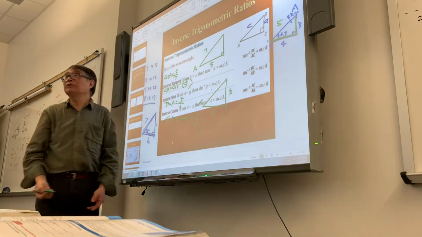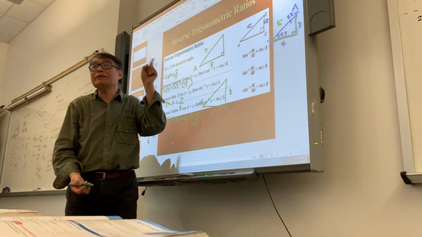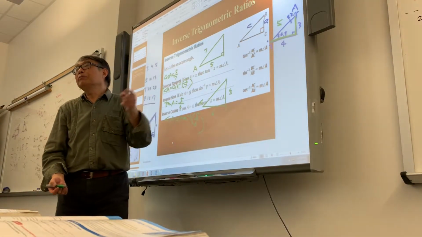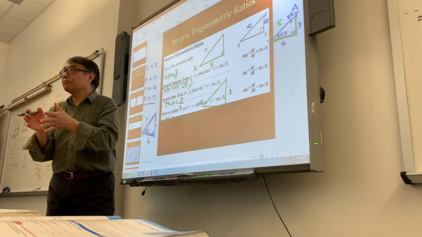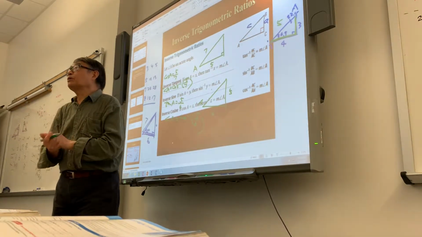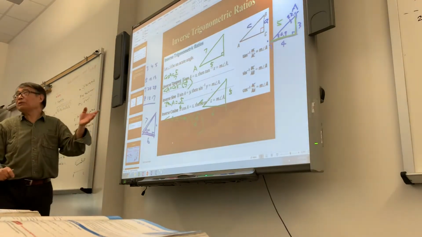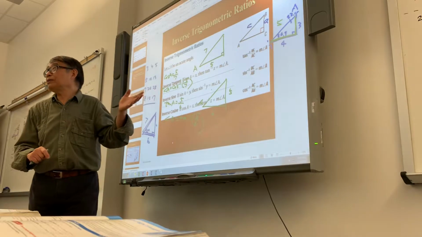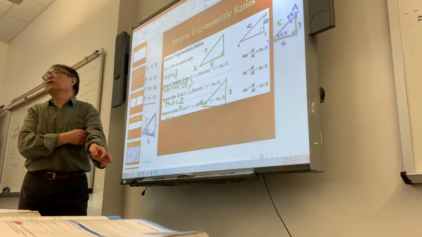Do you understand, please? It depends on the question. If the question gives you one side and the hypotenuse, maybe cosine, maybe sine. If the question gives you two legs, tangent. So that's why if you know this part, you know chapter 7.6, 7.5, today is easy work. If you have never done any homework, today is hard.